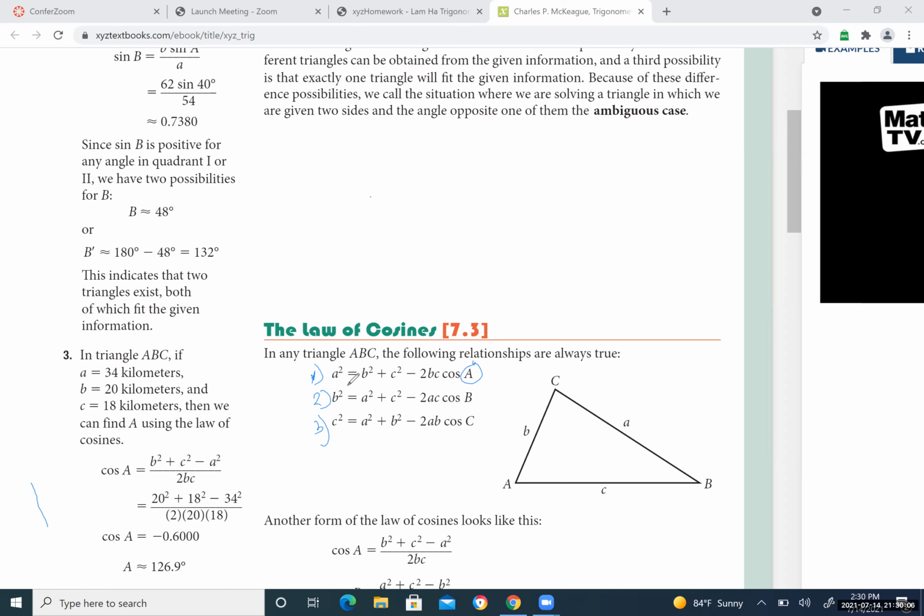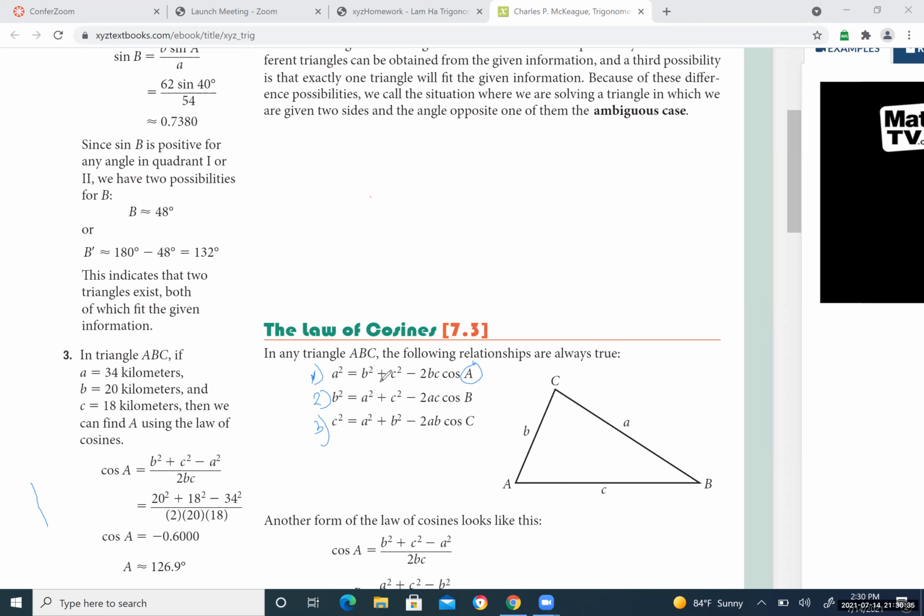If you apply the first one, you have to move everything away from cosine A first. Using addition and subtraction, move B squared and C squared away first.